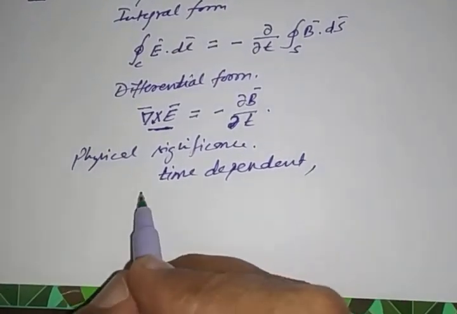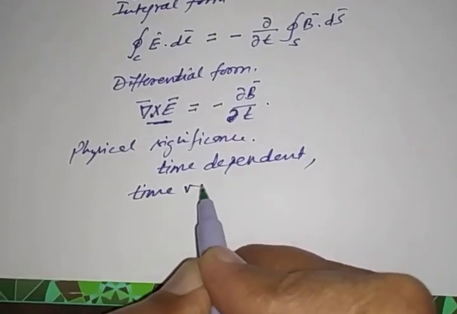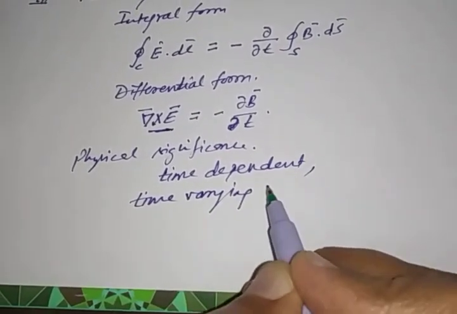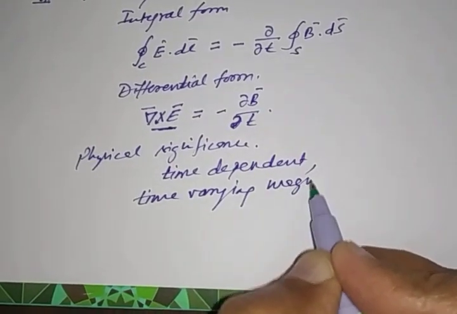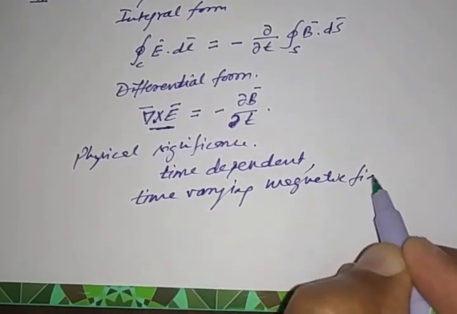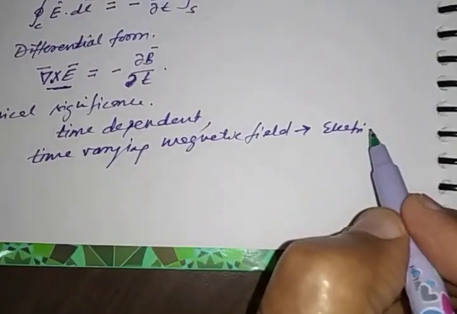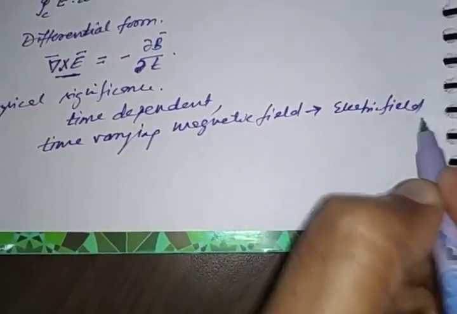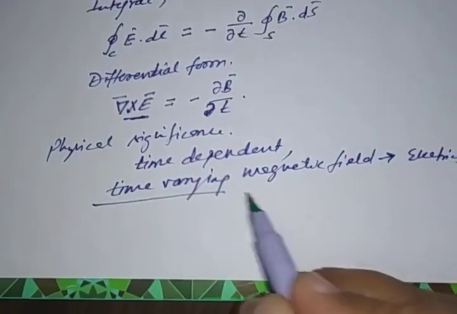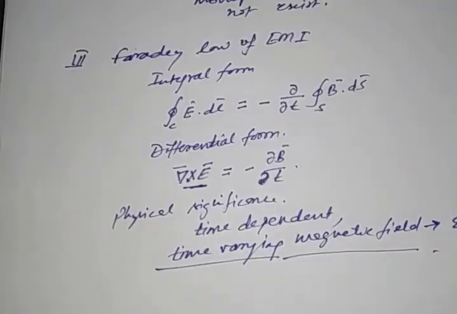And it shows that a time varying magnetic field produces electric field. So this needs to be understood properly.